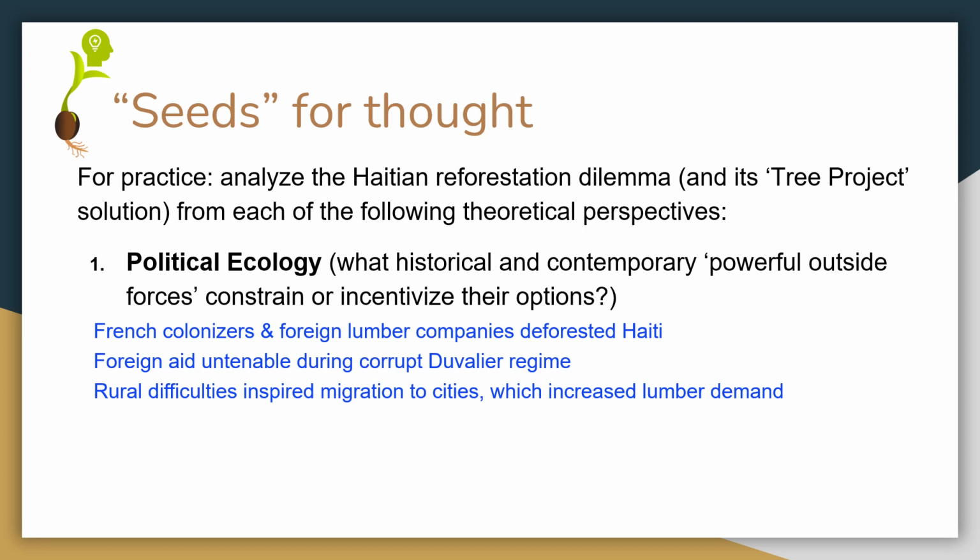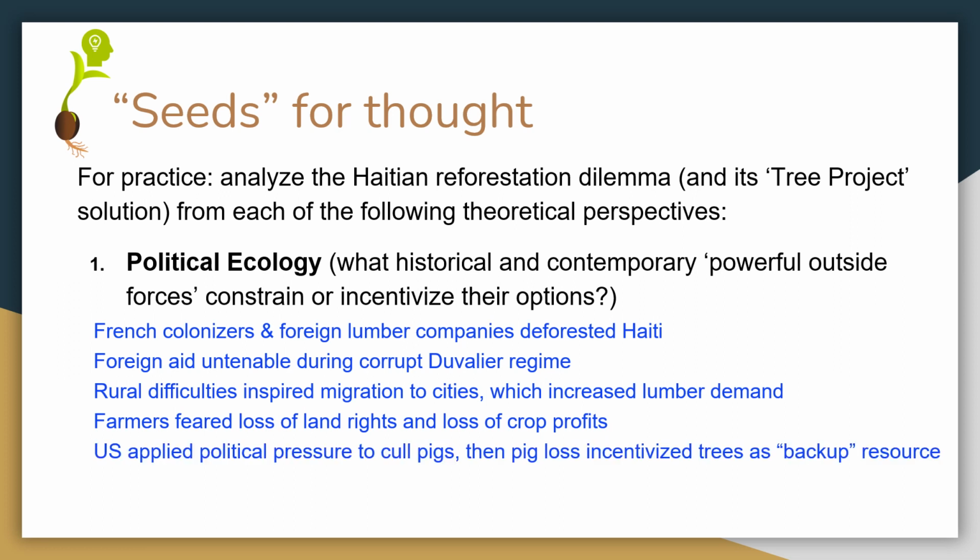Farmers in the rural countrysides experienced difficulties related to living there and were inspired to migrate to cities, which increased demand for lumber related to construction and fuel. Farmers feared loss of their land rights and loss of crop profits when they were asked to participate in those original government-run reforestation campaigns.